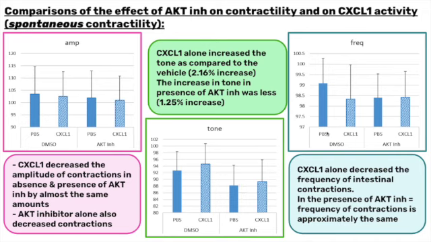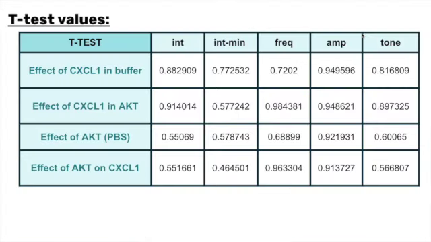And finally, when it comes to frequency, with the absence of AKT inhibitor, CXCL1 decreased the frequency of contractions by 0.76%, but when AKT inhibitor was added, the frequencies were approximately the same as well, with a very slight increase caused by CXCL1.